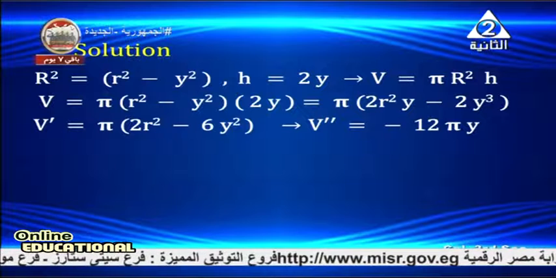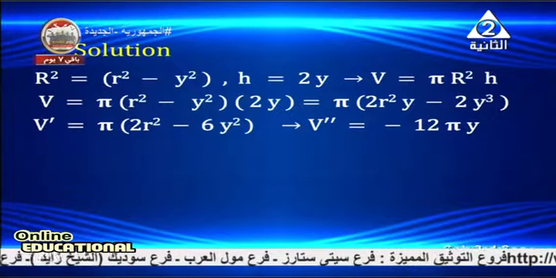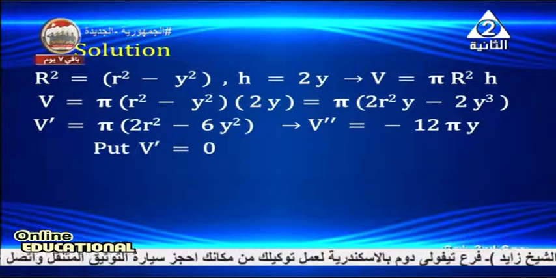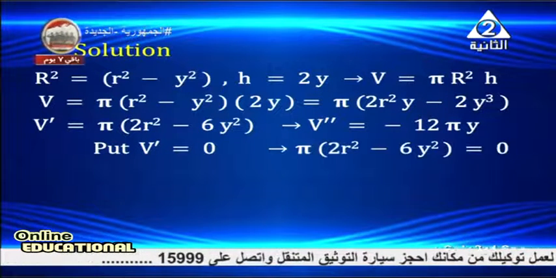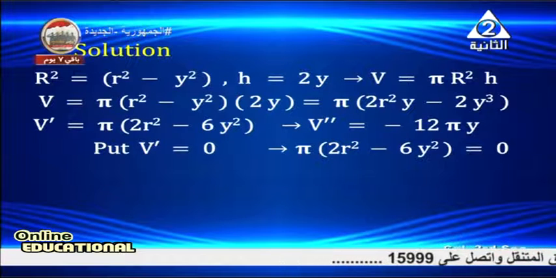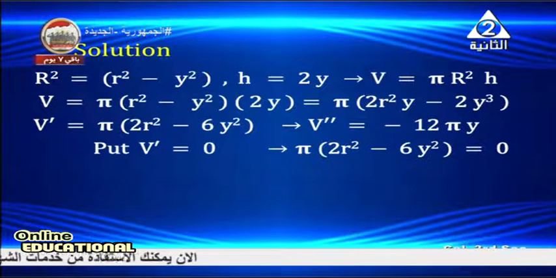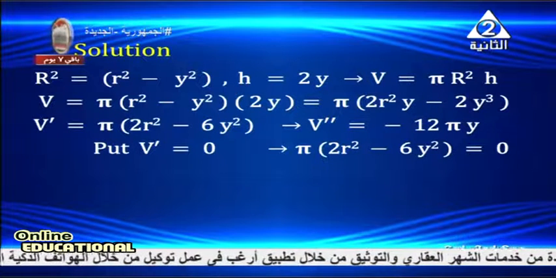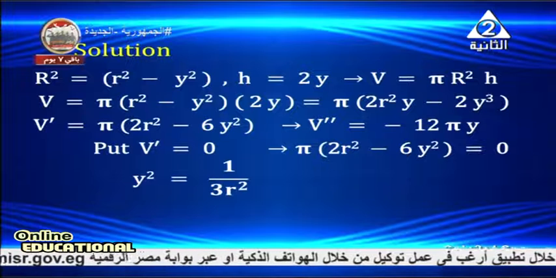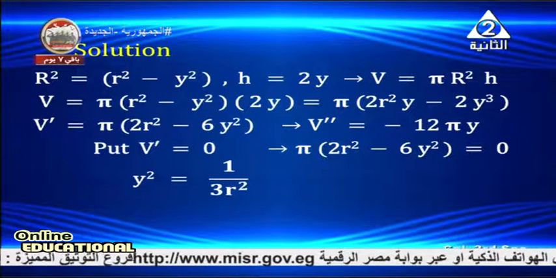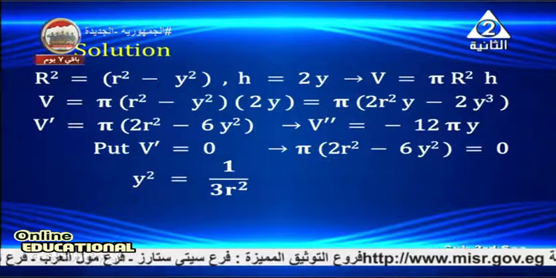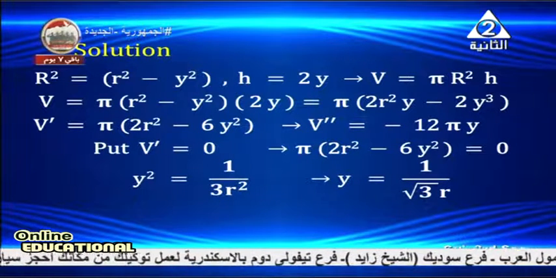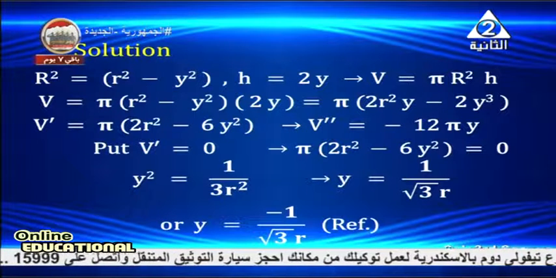Now, what is the critical point? To get the critical point, put the first derivative V dash equal 0. Then the expression pi times the brackets 2r power 2 minus 6y power 2 equals 0, and we can get the value of y power 2 equals 1 over 3 r power 2, and y equals positive 1 over root 3 r, or y equals negative 1 over root 3 r.